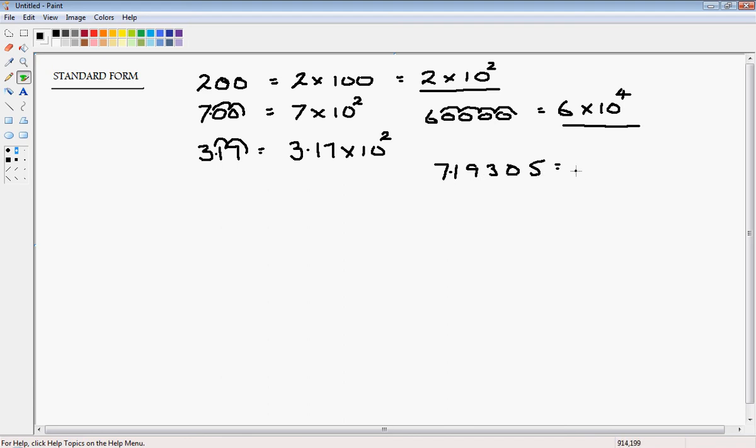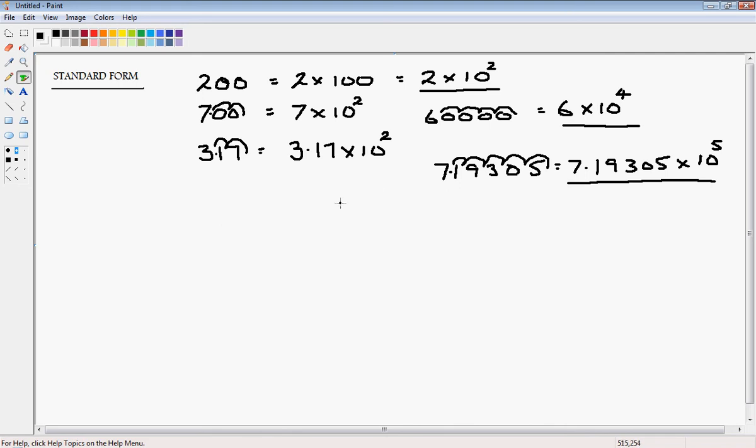So for me to get to that, I write 7.19305 multiplied by 10 to the power of, and then I count the number of times the decimal point moves. 1, 2, 3, 4, 5. So I get my answer 7.19305 times 10 to the 5. Okay, so you can see that writing things in standard form and converting things to standard form is fairly simple.